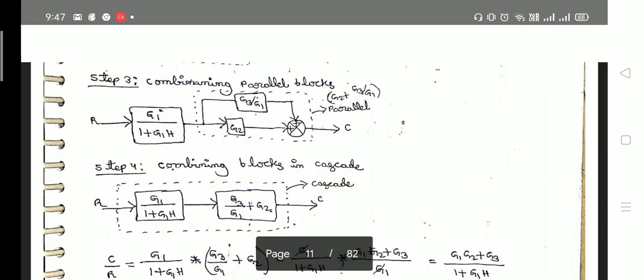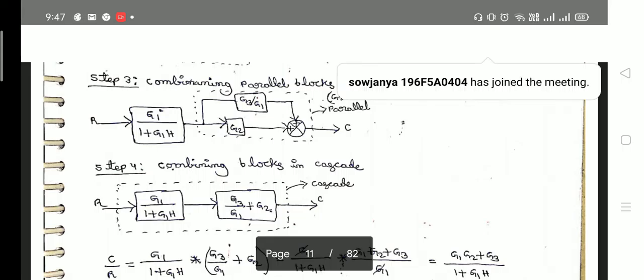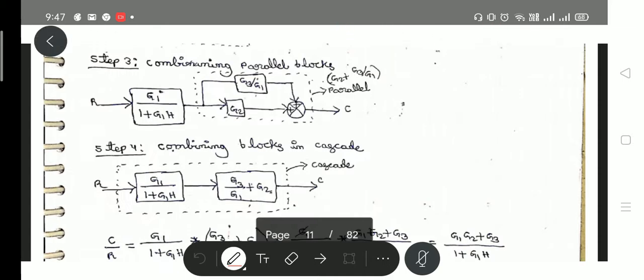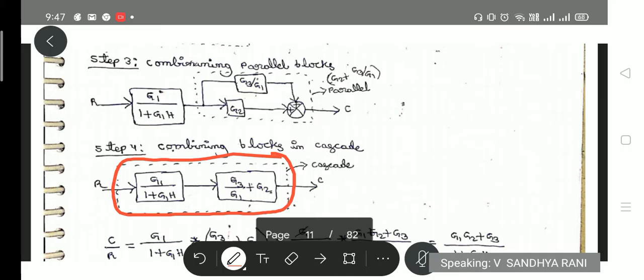These both are in parallel now, so G2 plus G3 by G1. Again these both are in cascaded connection here, so we can multiply these two blocks: G1 by 1 plus G1H, multiplied into G3 by G1 plus G2.